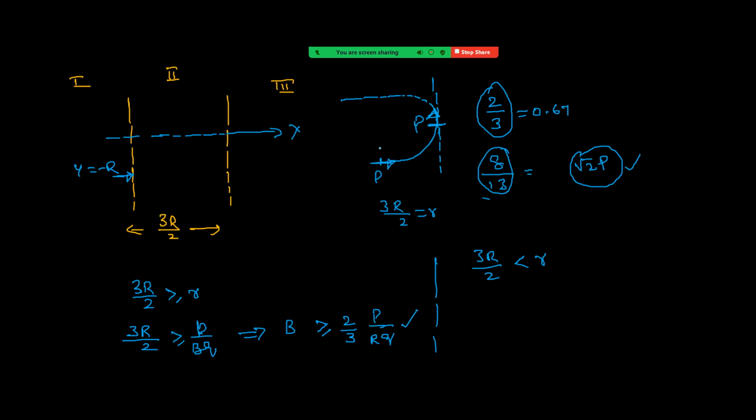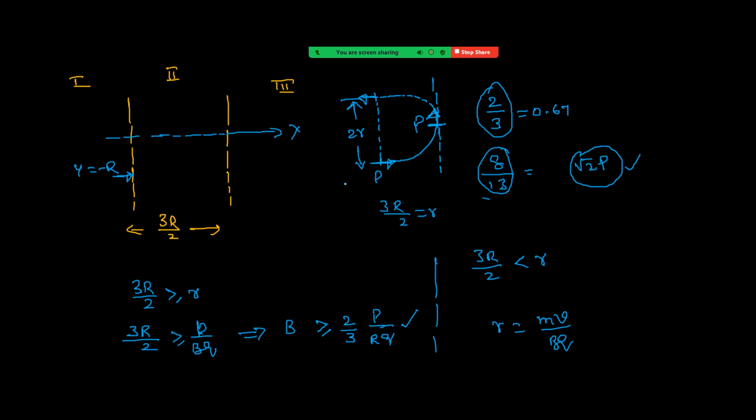You can see here, while coming outside, the distance between these two points is equal to 2r. And what is the r value? r equals mv by Bq. So distance equals 2r.